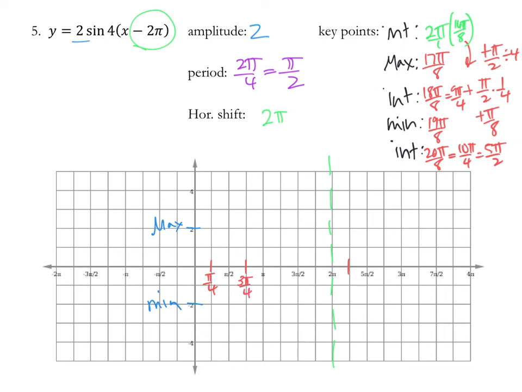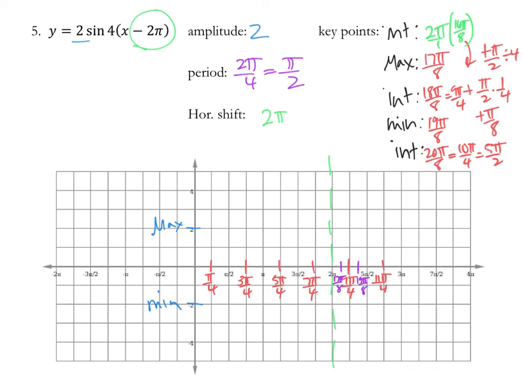So this is pi over 4, 3 pi over 4, 5 pi over 4, 7 pi over 4, 9 pi over 4, 11 pi over 4. So actually, we're not going to go past 5 pi over 2, so I didn't need that last one. The 1/8 spots are in between here. So this one's going to be 17 pi over 8, and this one will be 19 pi over 8.